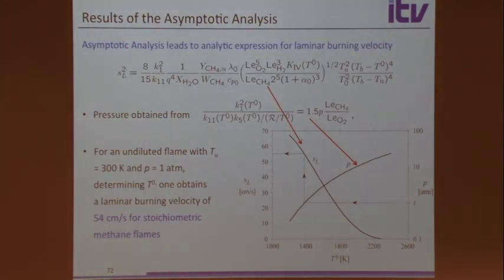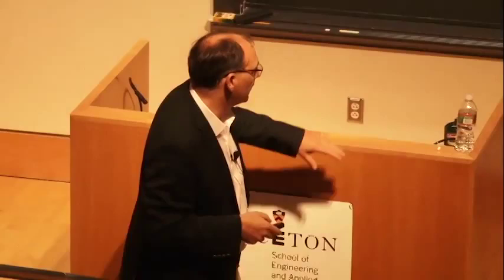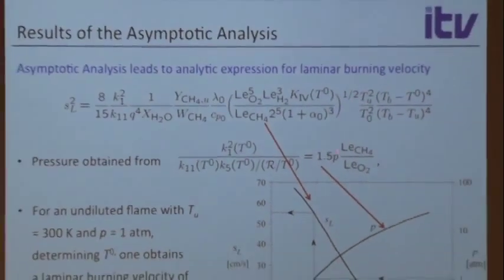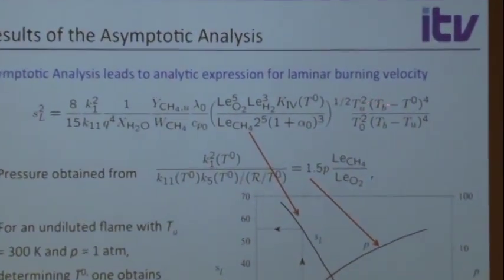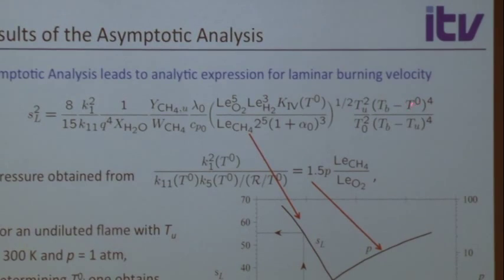Okay? And this result now, in a sense, you see it's quite similar to the thermal flame theory, although it's different. What's similar is that you have this TB minus T naught here.